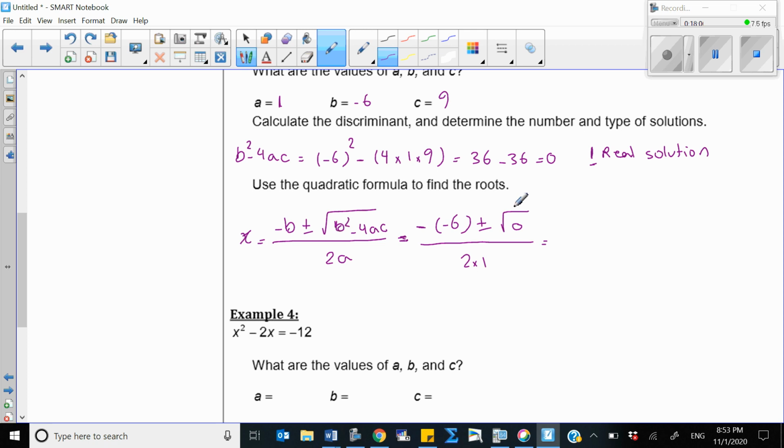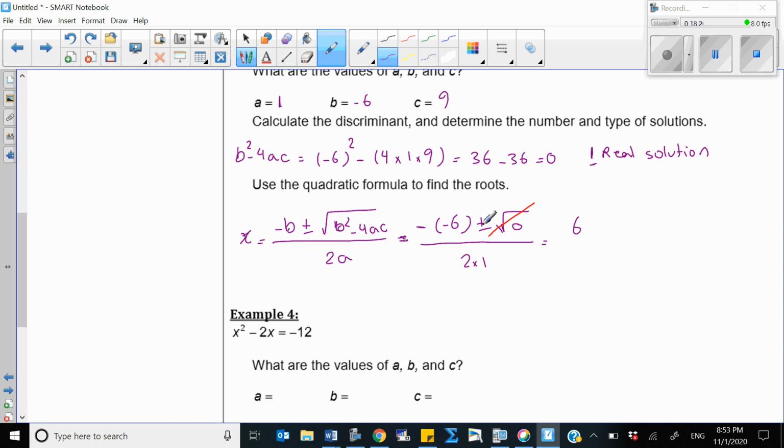So let's simplify that. First of all, the square root of 0 is always equal to 0. So basically this is nothing, it's just 0. What I'm left with here is just negative times negative 6, which is positive 6.